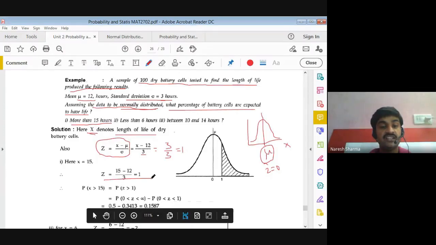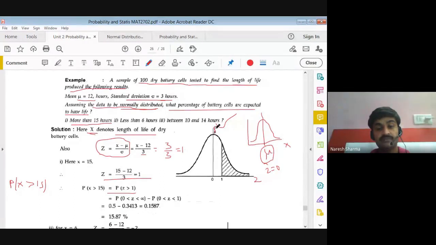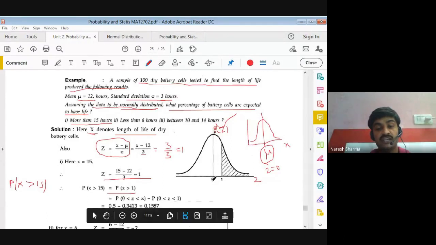So the first part, we are interested in finding the probability when x is greater than 15, which means z is greater than 1. In the standard normal distribution, this is the z variable and the y-axis represents the probability of z. Here is mu for x, but at this point z is equal to 0, and the probability should be for z greater than 1. Since 1 is to the right side of z equal to 0, z should be greater than 1.